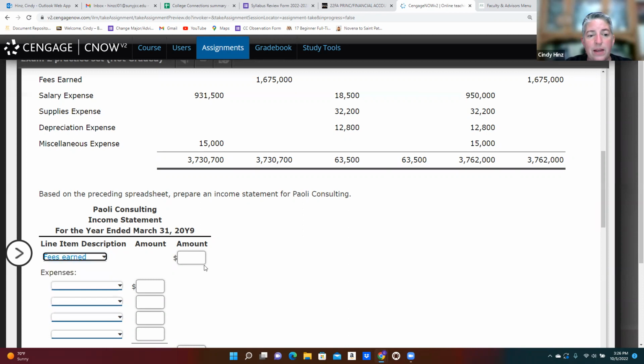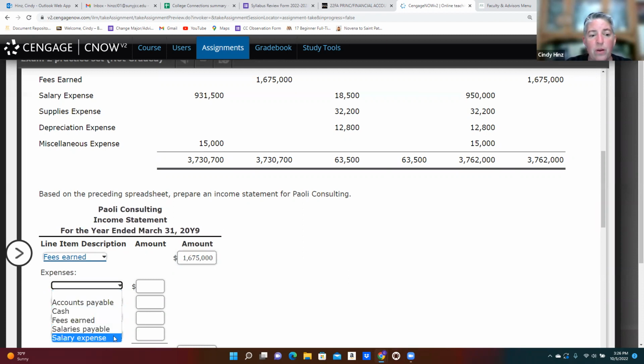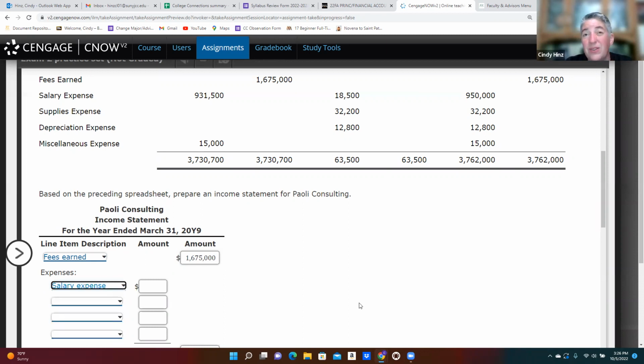So again, we can see that our revenues are that fees earned, 1,675,000, and we have 4 expenses. Now, our general rule will be to put the expenses in decreasing size order. They already have them arranged like that for us here. Salaries is the largest, so it's going to go first, and we go down from there.